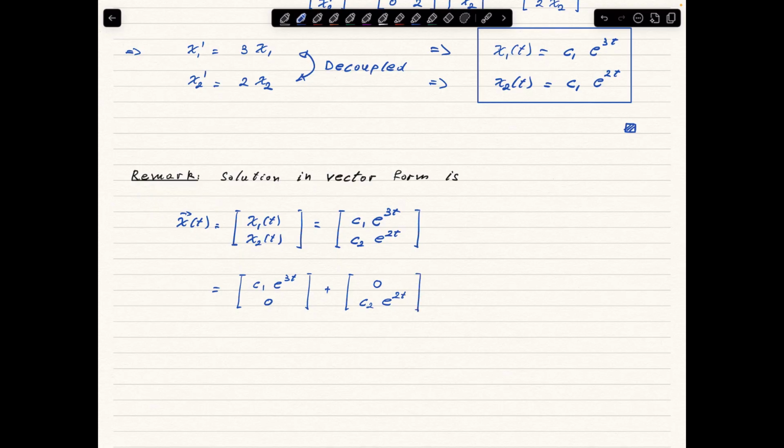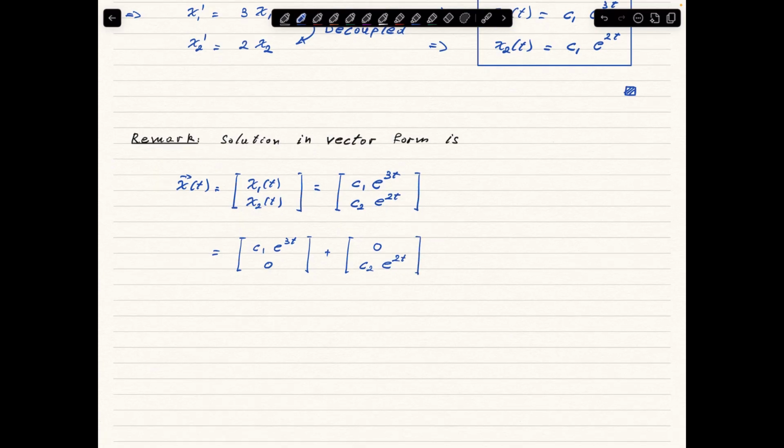And now let's do something else. Let's move these constants away and leave a constant vector. So we are going to have c1 times the vector 1, 0, times exponential 3t, plus c2 times the vector 0, 1, times exponential 2t, where c1 and c2, recall, are arbitrary constants.